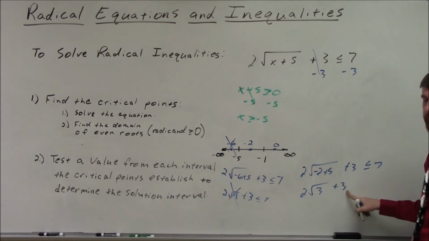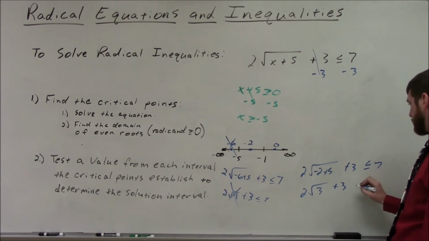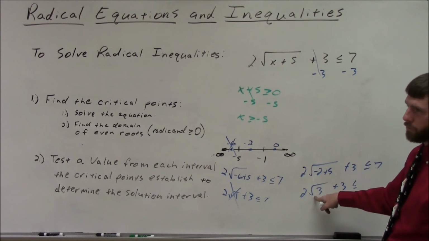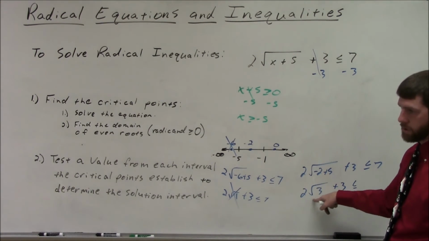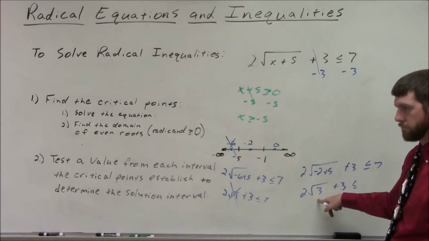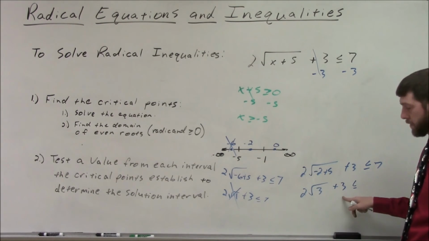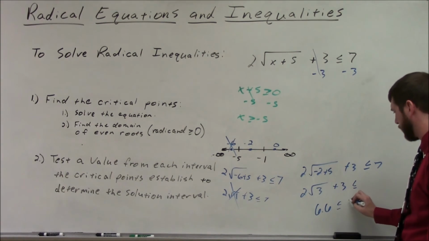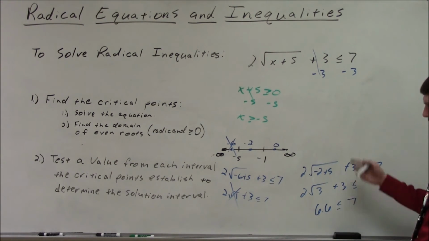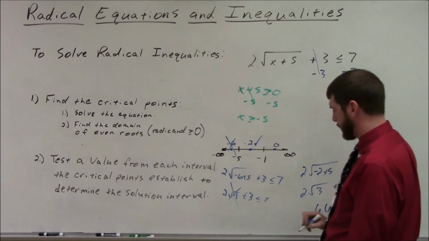A little bit less than 4 plus 3 will be a little bit less than 7. This is about 1.8-ish. So 2 times that would be about 3.6 or so. And plus 3 is going to put us at approximately 6.6. Really, really rough estimates there. But we can see that's less than 7, so that interval happens to work.